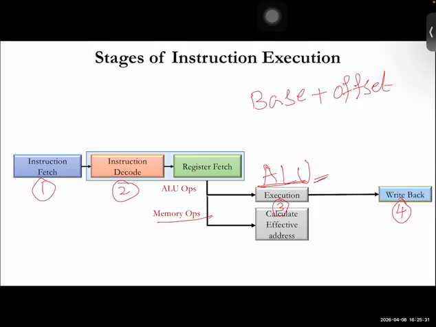Once the effective address is computed, based on this address it may perform a read or write operation. If it is a move (load) operation, it reads the data from the memory. If it is a store operation, then it writes the data into the memory.